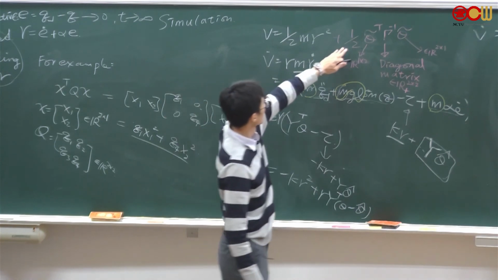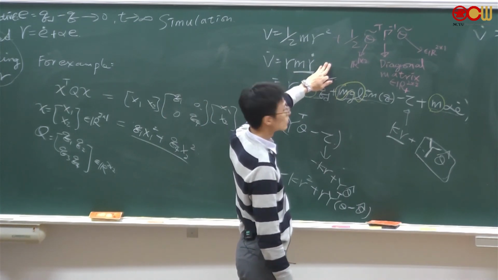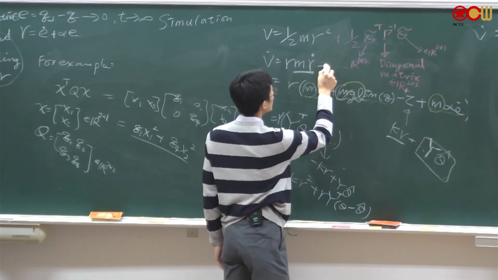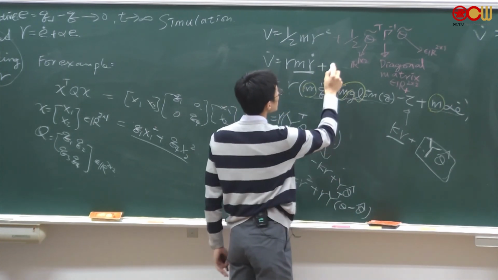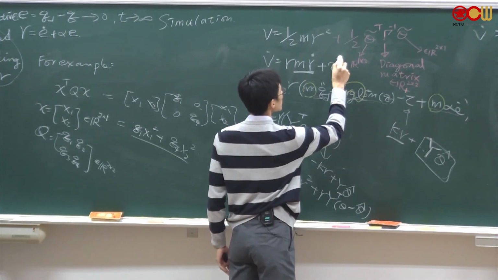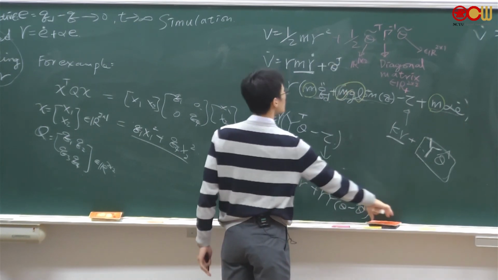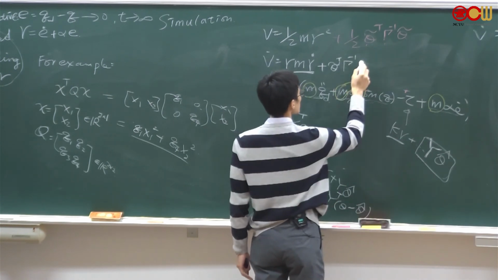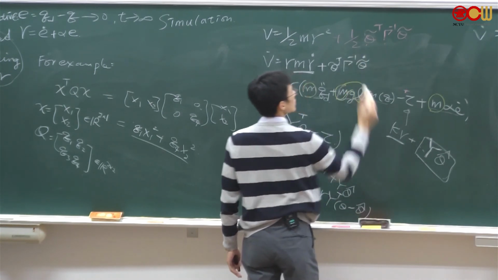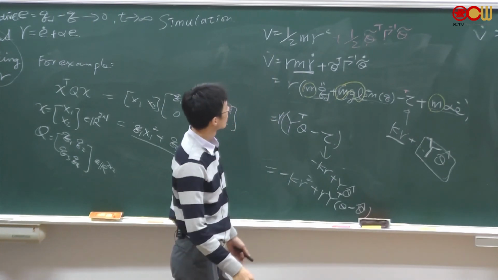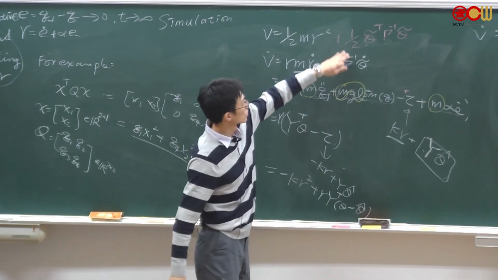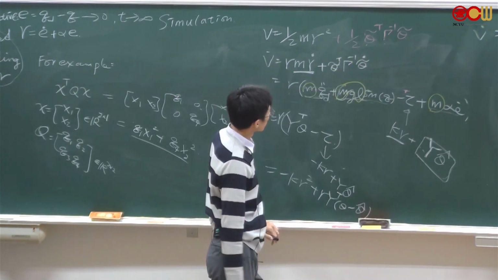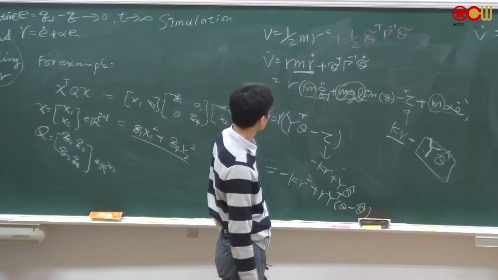So you add this term, you take the time derivative. That gives you theta tilde transpose, gamma inverse, and theta tilde dot. And the 1/2 will go away because it's quadratic.